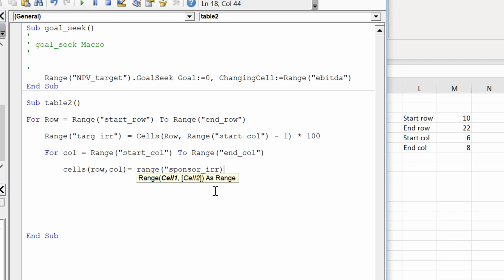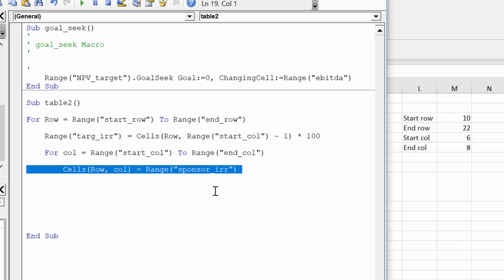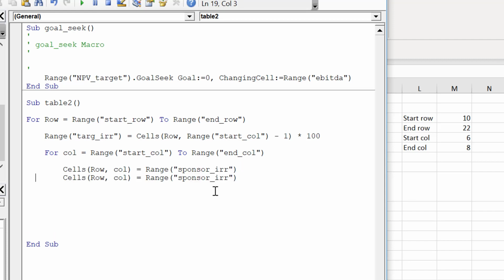Remember that? And then let's put this one, cells, row, comma, equals developer IRR, and then the next one, because we're going around the columns, developer PV. Then you put next column, and then next row. That's how fast you can do this.